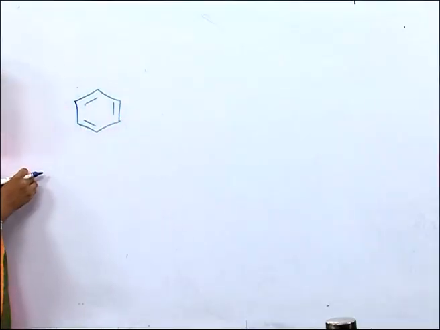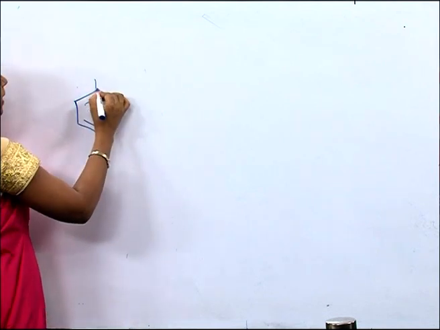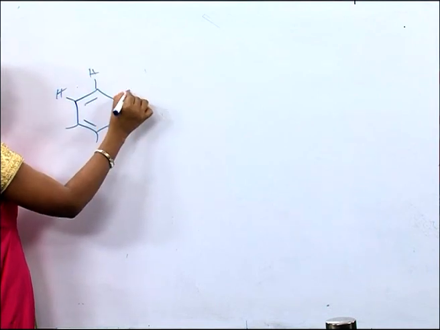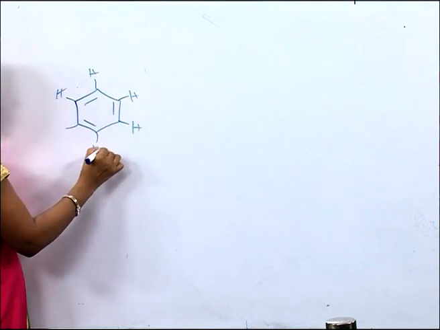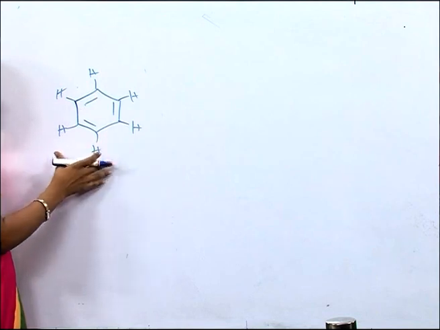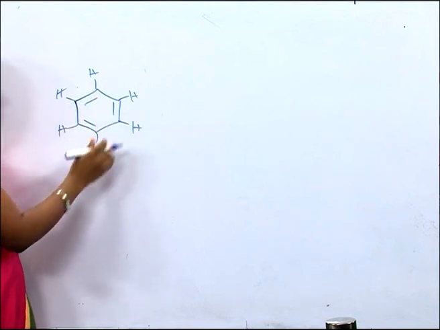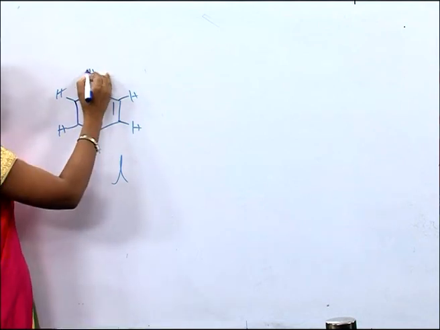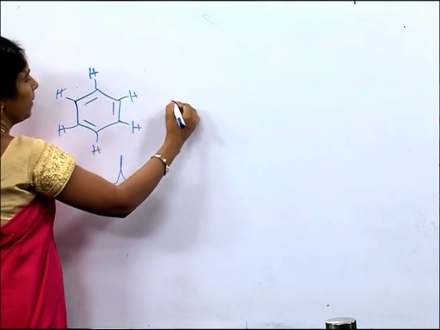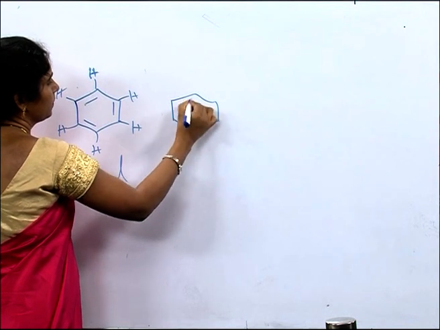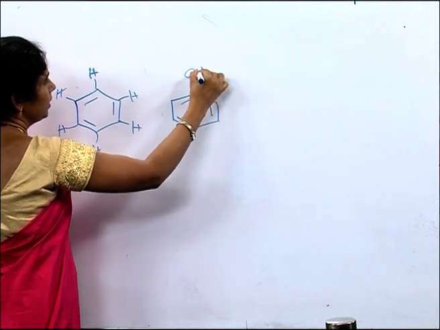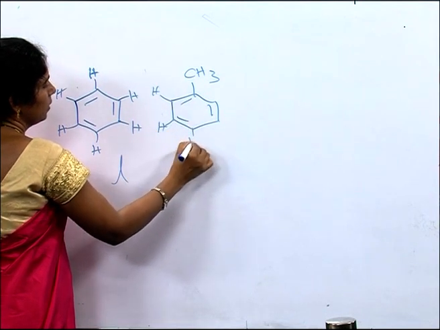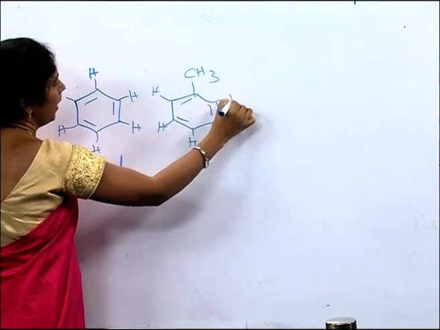Let me tell you one other example here. What is this, students? Benzene. How many hydrogens are there? 6 hydrogens are there, right? The 6 hydrogens are chemically equivalent, those are the same, and hence give a single peak in the NMR spectrum. Let us assume one of the hydrogens is replaced by a methyl group, CH3, and these are as usual hydrogen, hydrogen, hydrogen.